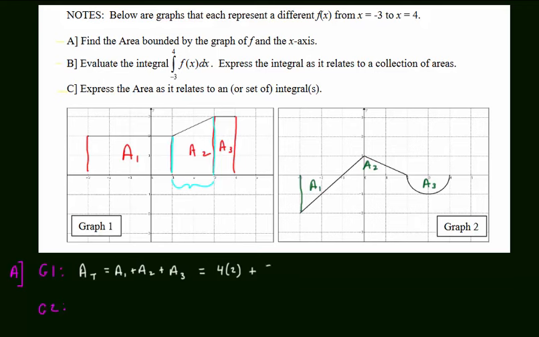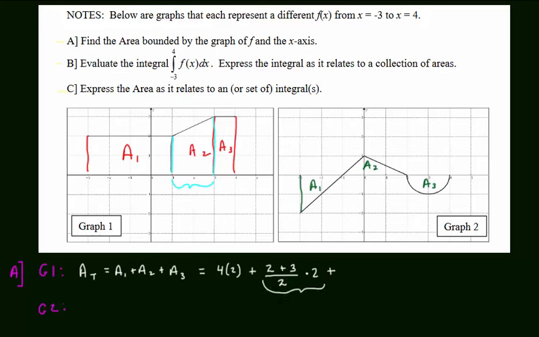Base 1 would be the first blue distance of 2, plus base 2 is the blue distance of 3, and I'm going to average those bases times the height, which is the horizontal increment of 2. So this second expression in between these two plus marks here is that trapezoid.